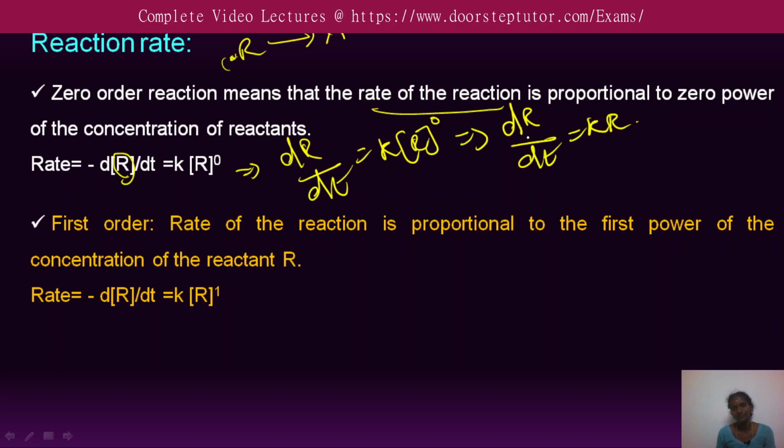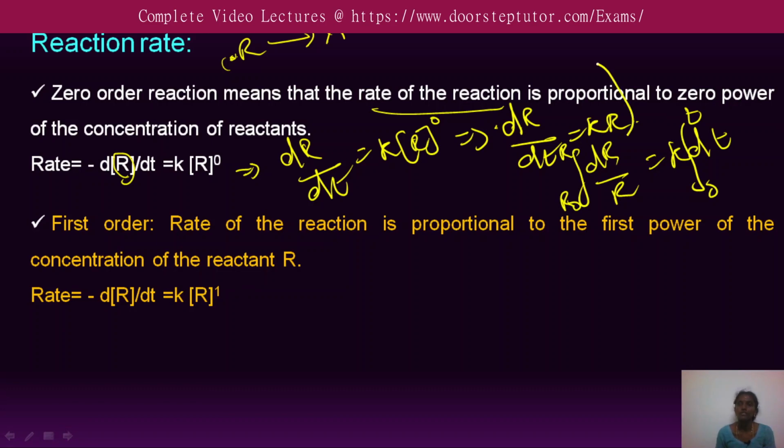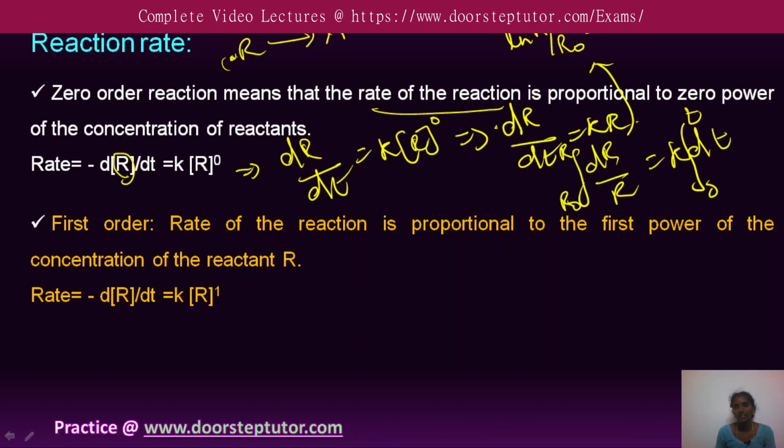If we integrate this, then dR by R is equal to k into dt, with limits 0 to t, and R naught to R, the reactant value. Then we get the equation ln R by R naught is equal to kt plus I, where I is the integration constant.